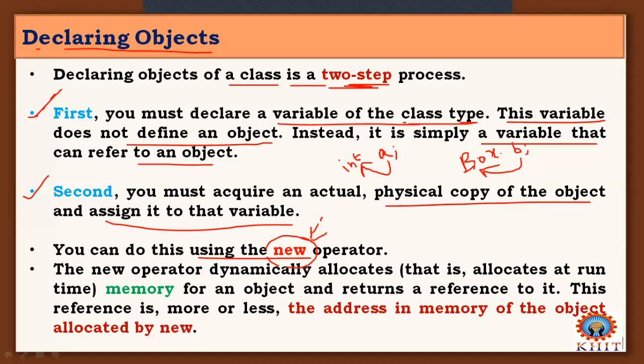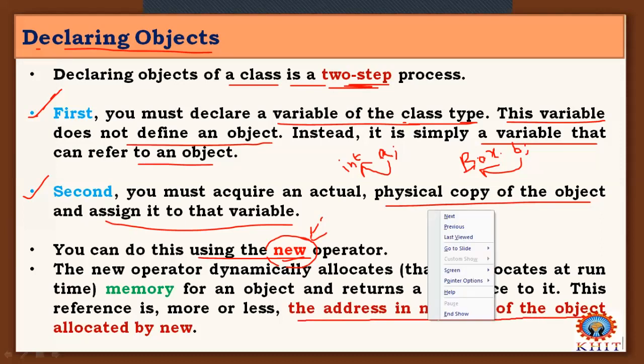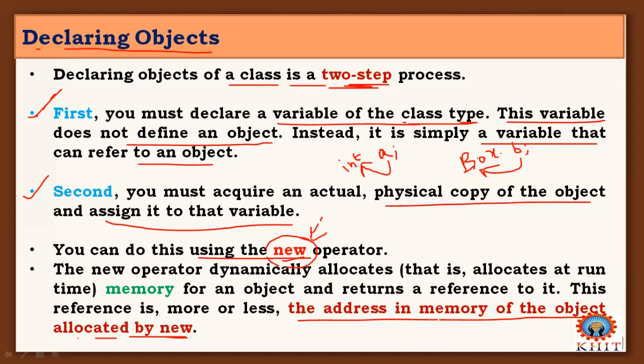So that is the use of this new operator here. Moreover, this reference is more or less the address in memory of the object allocated by new, so it creates memory for an object and gives a reference to it, and we assign that reference to a variable defined for a class.